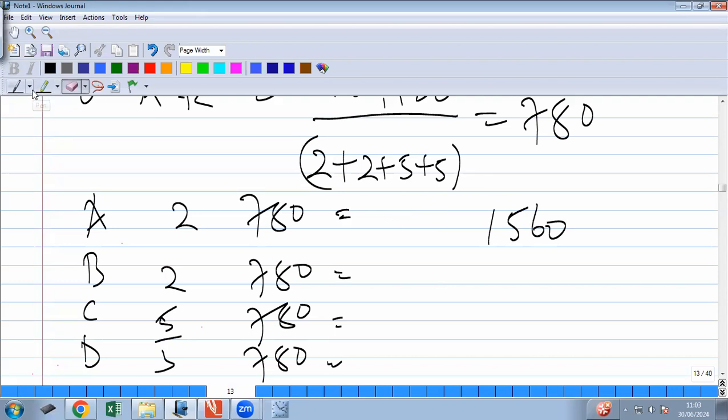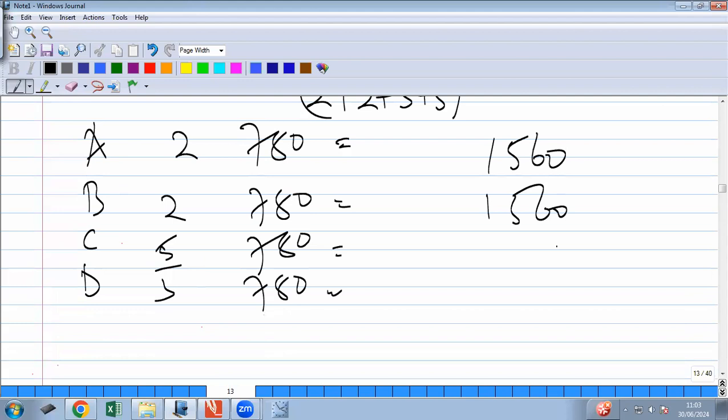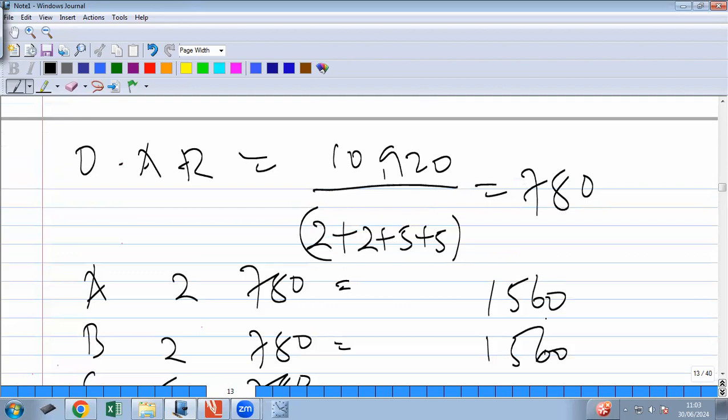Yes. For B, the same, 1560. Then for C, 3900. Also, this is 3900. You can confirm this to ensure that this total here agrees with 10920.